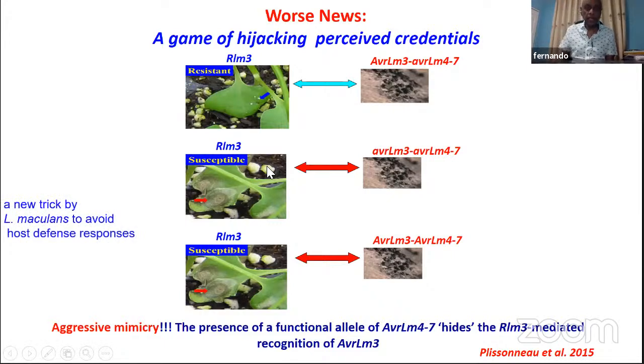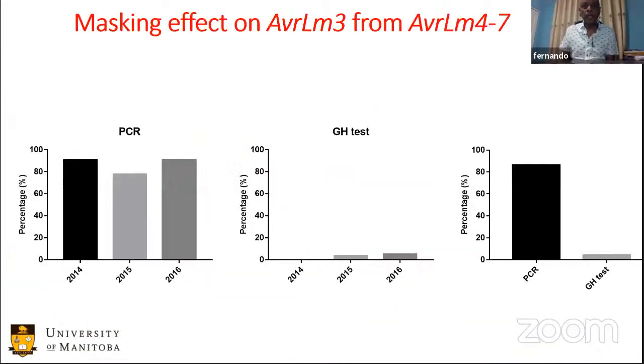So this is a new trick. We don't know how long this trick has been, maybe for 1,000 years, but in science we call it epistatic suppression of AVR recognition.